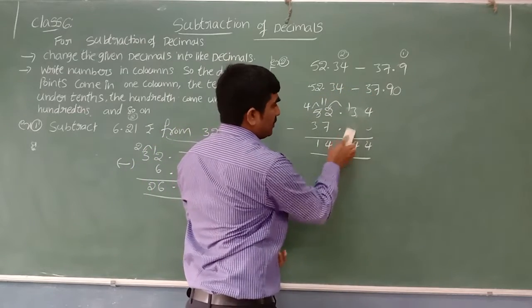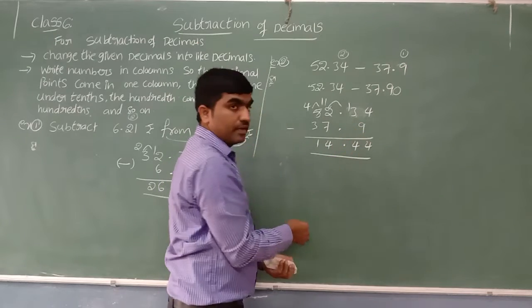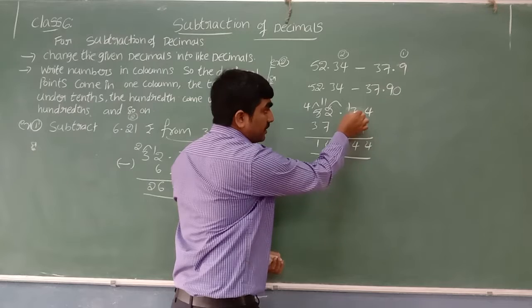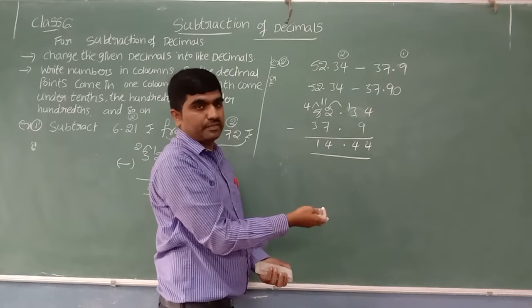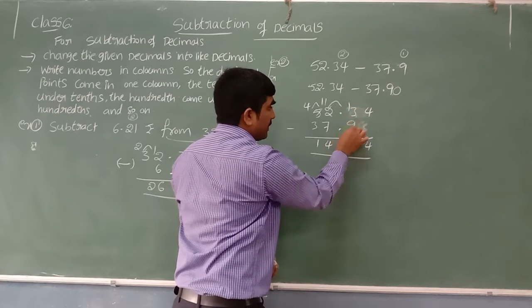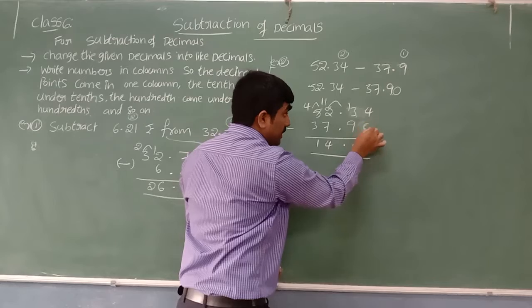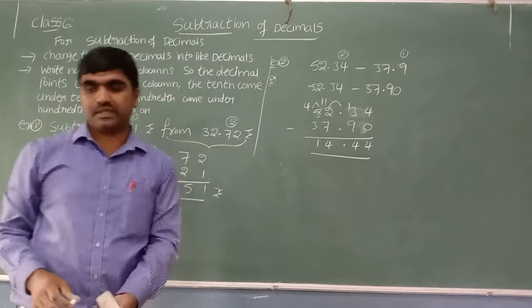Here we have 9 and 0. Some of the students will write the 9 between the 3 and 4, so this 9 doesn't come under the tenth place or the hundredth place. Because of that, please write the tenth place digit exactly below the tenth place and the hundredth place digit exactly below the hundredth place, so that it will be easy to solve.